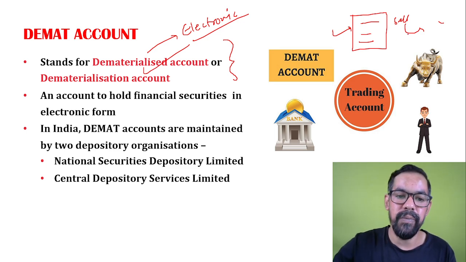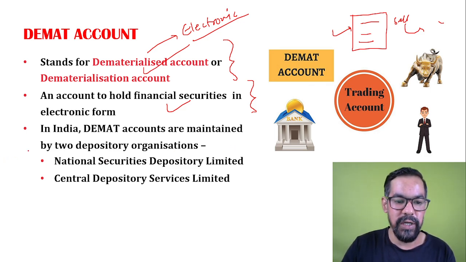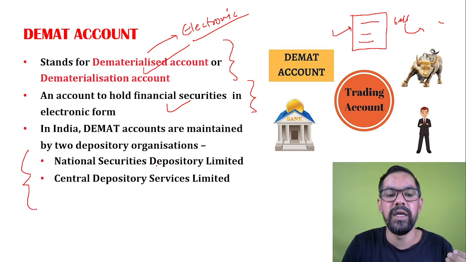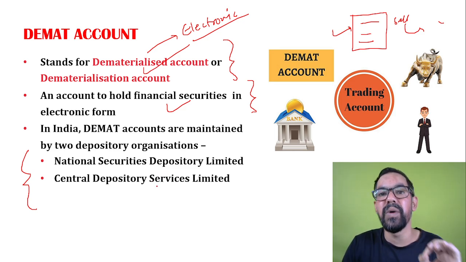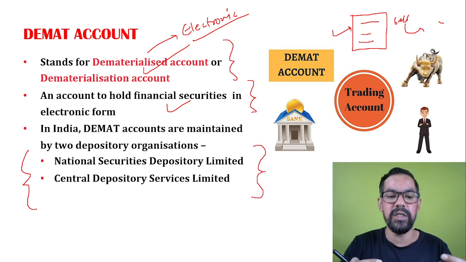So an account to hold financial securities in electronic form is generally known as a DEMAT account. In India, DEMAT accounts are maintained by two depositories. One is NSDL and another one is CDSL: National Securities Depository Limited and Central Depository Services Limited.